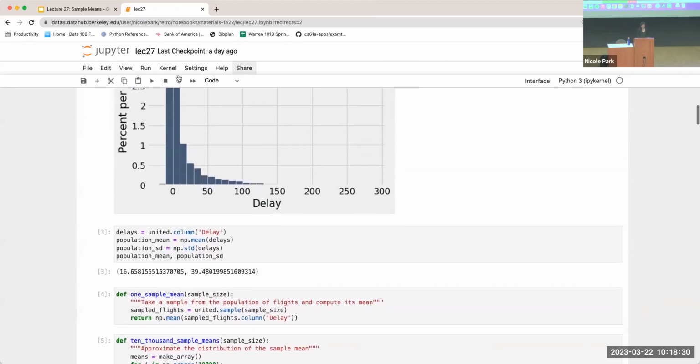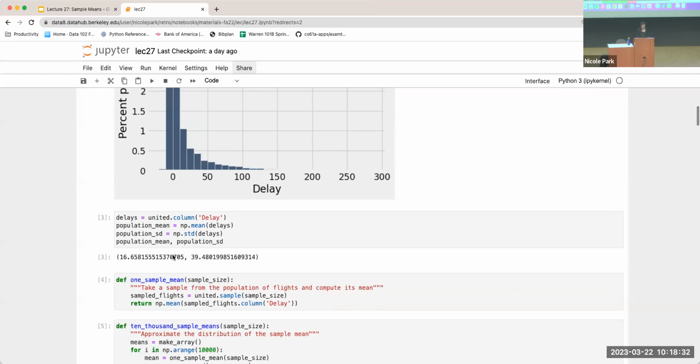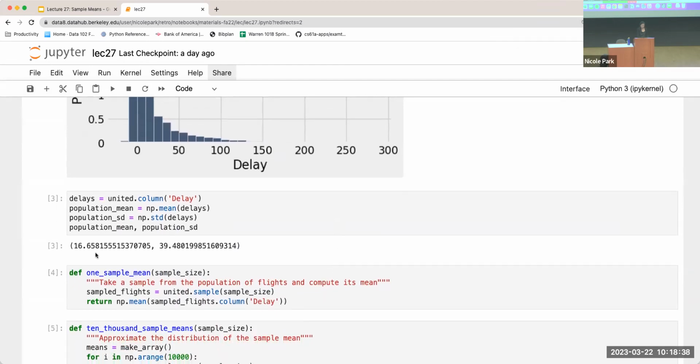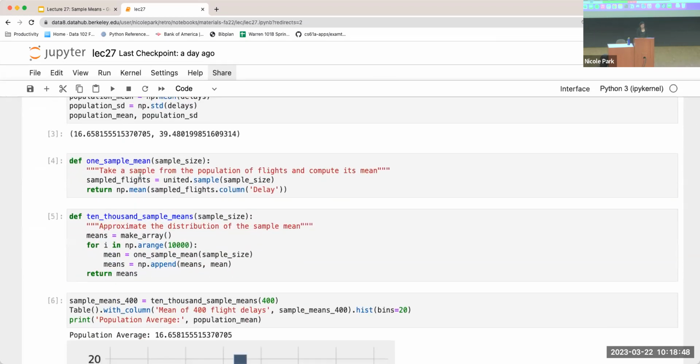Here we'll see that from this population, we can find the population mean and population standard deviation. So let me zoom in a little bit. The population mean is going to be 16.66-ish, and the population standard deviation is about 39.48, or 39.5. Here I coded something called one sample mean. You input some sort of sample size into this function, and it outputs what the sample mean would be for that sample size.